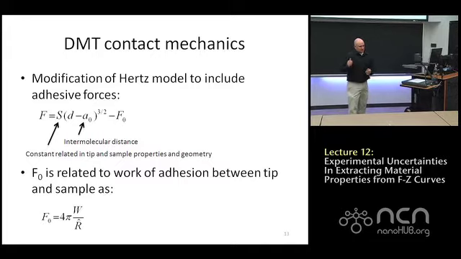But for the case of AFM, usually you have a tip, which is silicon, and the surface energy of silicon is much larger, on the order of joules per meter squared, whereas the surface energy of a lot of polymers or common things you would measure is much lower, on the order of millijoules per meter squared.